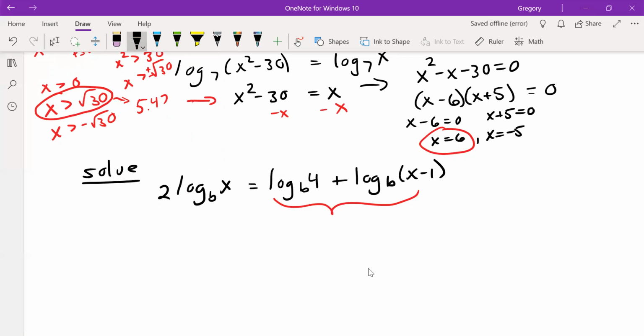Now the multiplication property, if you don't remember, says if I have log base b of some x plus log base b of some y, as long as they're the same base, I can make it a single log of x times y. So I would do the same thing here. This becomes log base b of 4 times x minus 1.